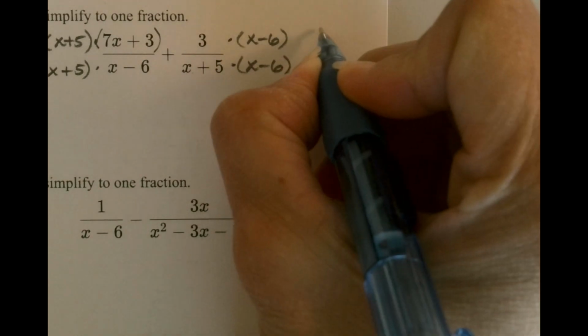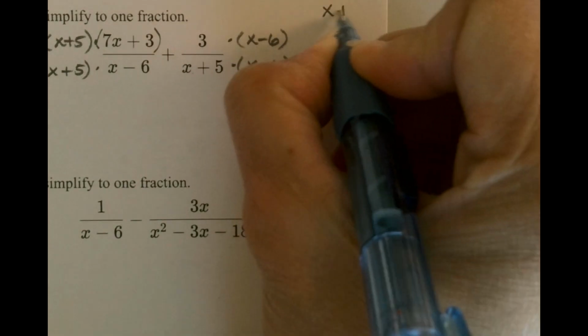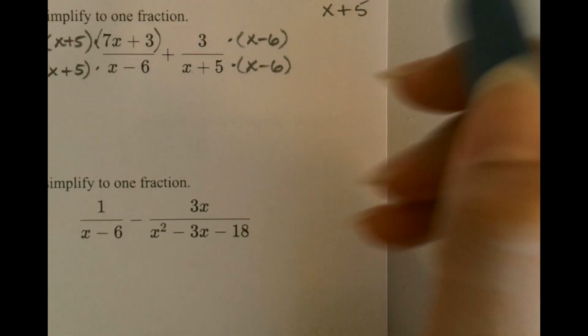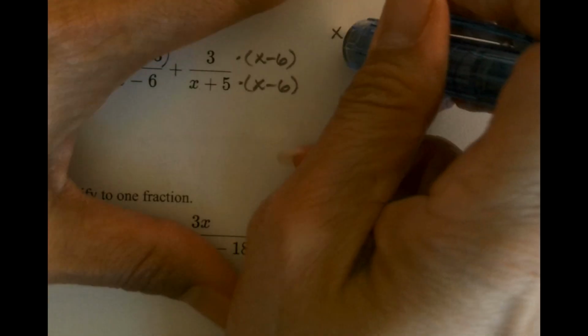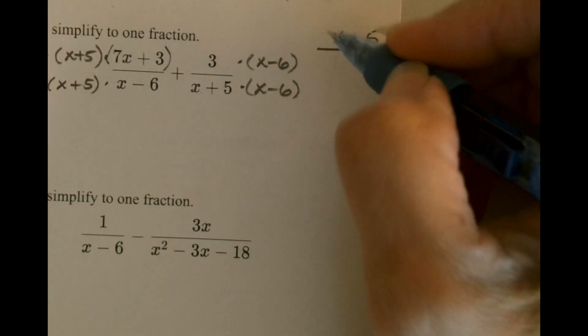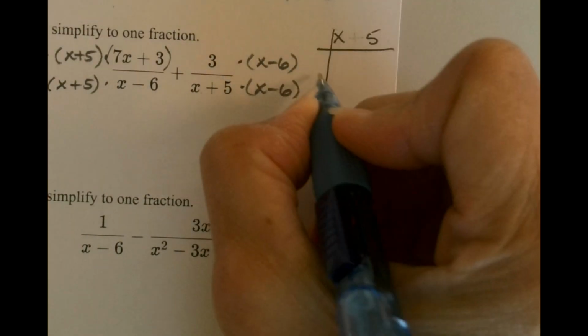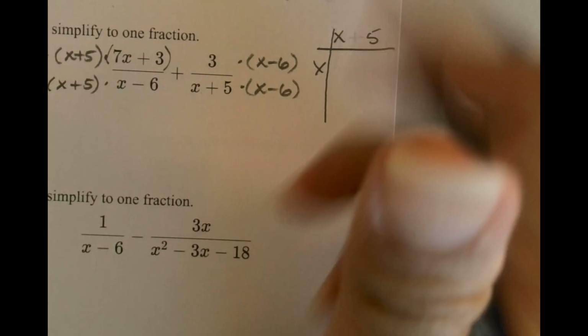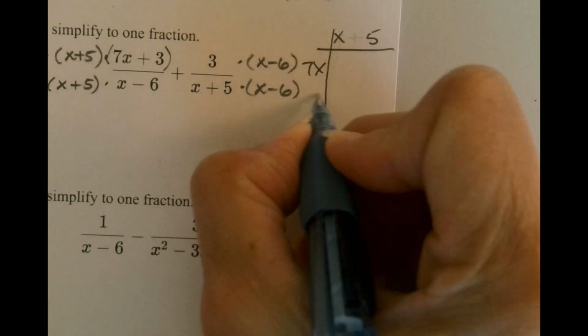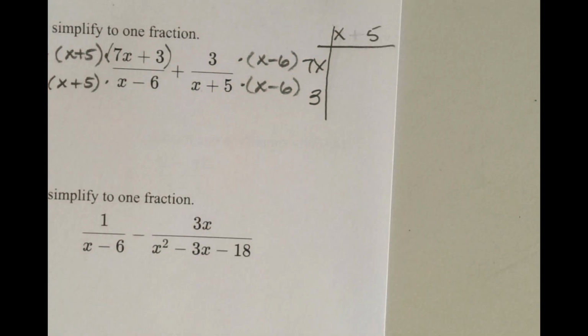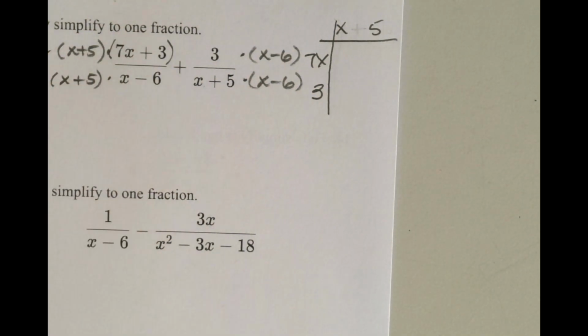I'm going to write x and a positive 5, so x plus 5 is going to be horizontal, and I'm going to put 7x and the 3 like this.